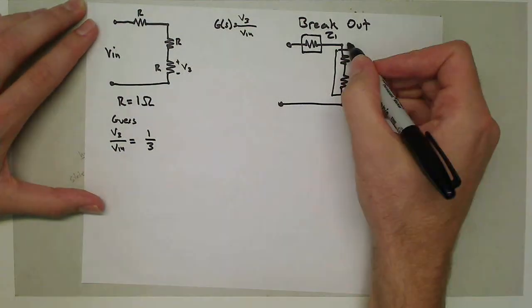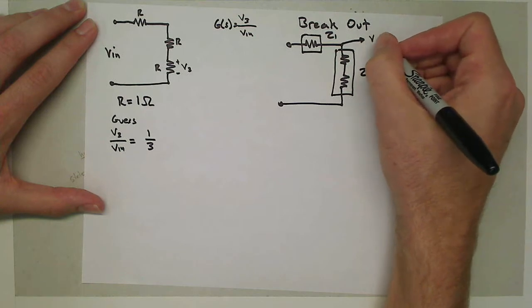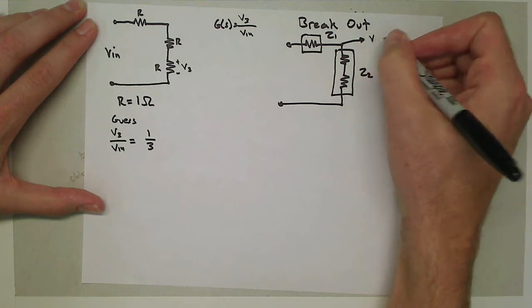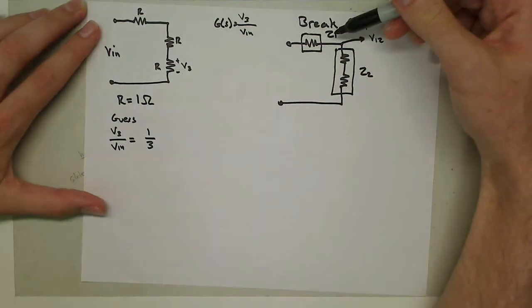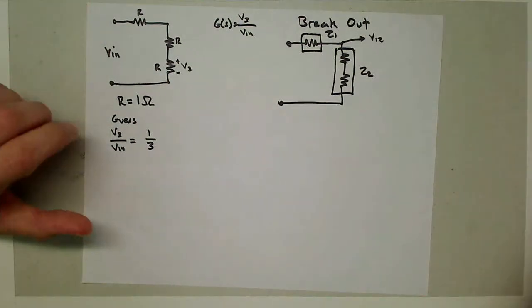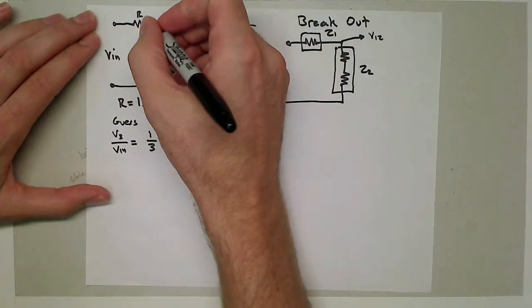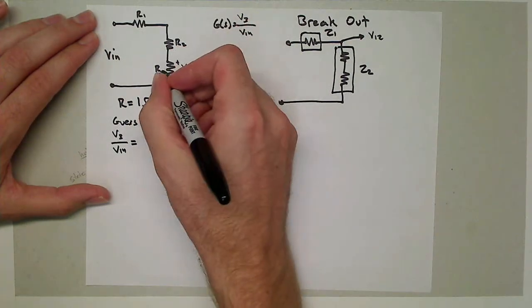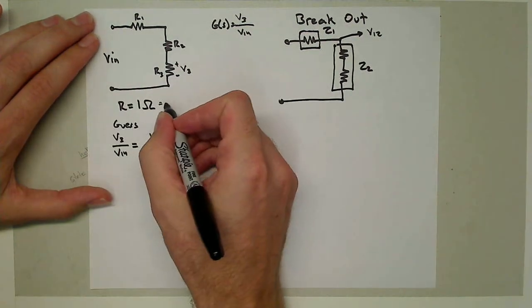Okay, and that's going to give me the voltage right here. I'll call this V12 because it's in between impedances 1 and impedance 2, or also resistor 1 and resistor 2 if I labeled them. Resistor 1, 2, 3, and all resistances are equal to 1 ohm.